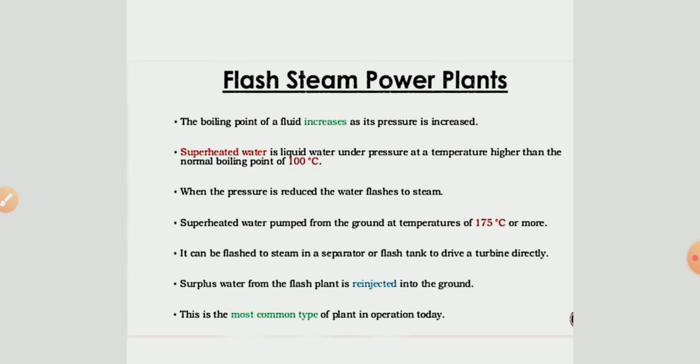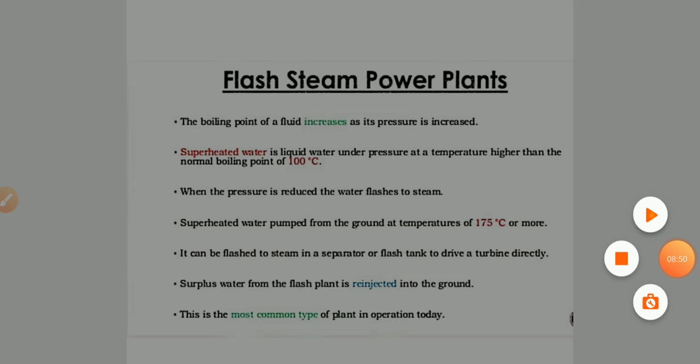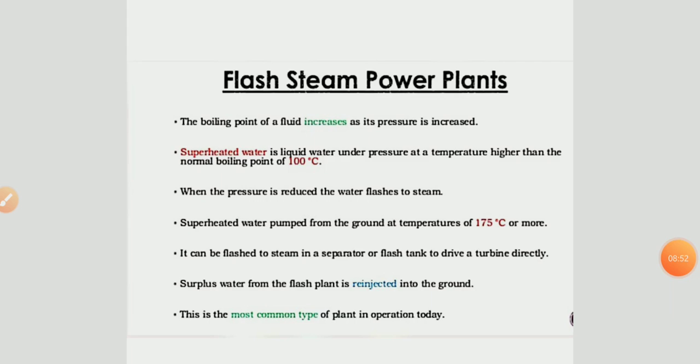Second is flash steam power plant. The boiling point of a fluid increases as its pressure is increased. Superheated water is liquid water under pressure at a temperature higher than the normal boiling point of 100 degrees centigrade.